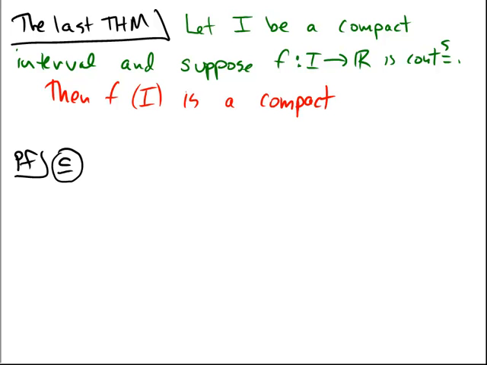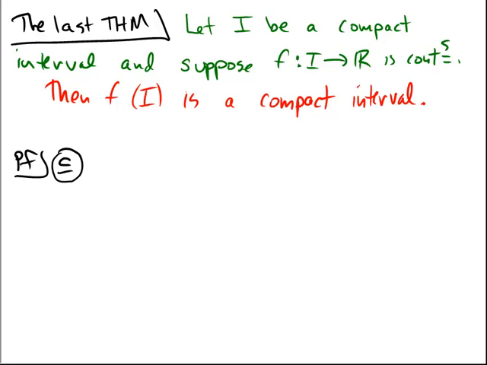But what makes this one different is I'm not just going to show that it's compact, but if I is an actual interval, then this will actually end up being a compact interval. So in general, a compact set is closed and bounded, but we're going to have it as an interval here. So if we do have an interval as the domain, the range will also be an interval of numbers.